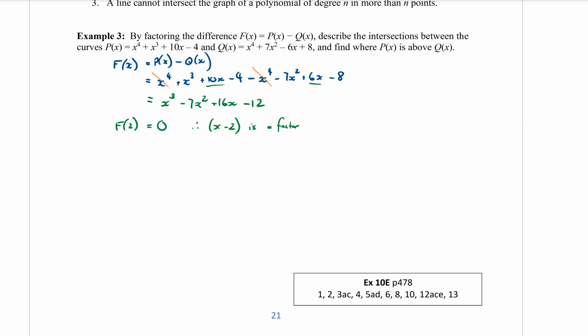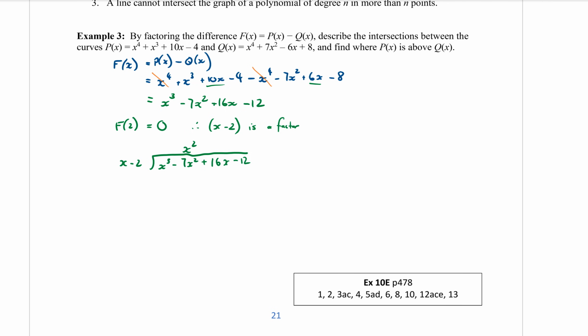Okay, so then I do long division. I've got my polynomial, which was x cubed minus 7x squared plus 16x minus 12, and I'm going to divide that by x minus 2. So x cubed divided by x is x squared.